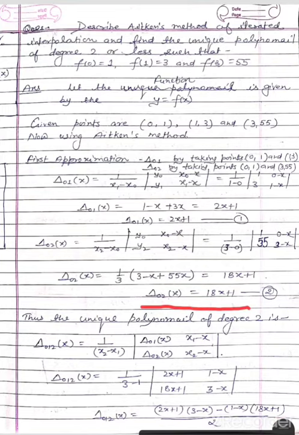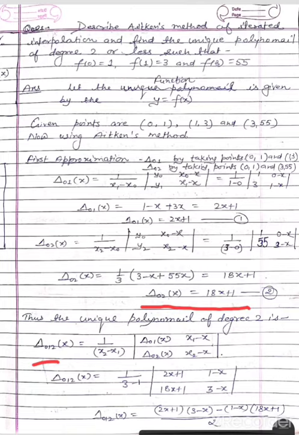As the given points are 3, we are able to calculate up to first approximations. Now we obtain the second approximation, which considers the first 3 points, and as the points given are 3, we are able to find only one second approximation, that will be the unique polynomial of degree 2.